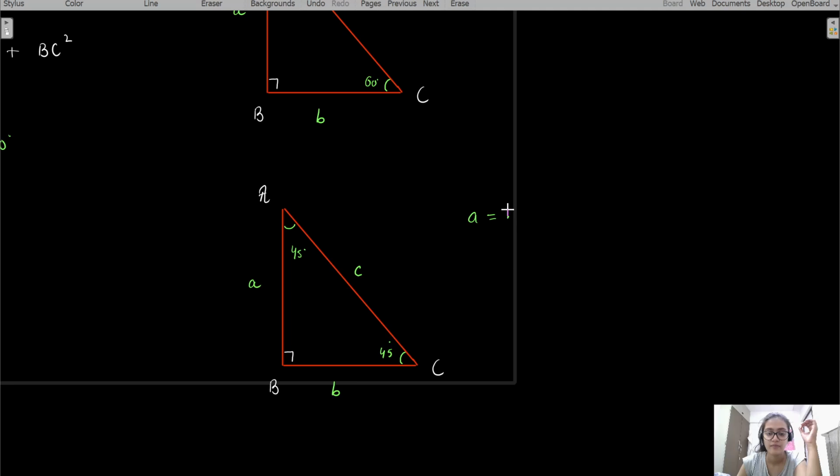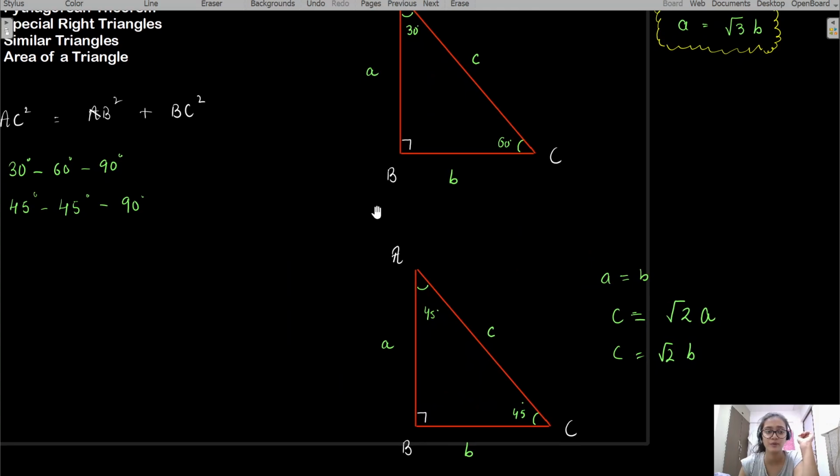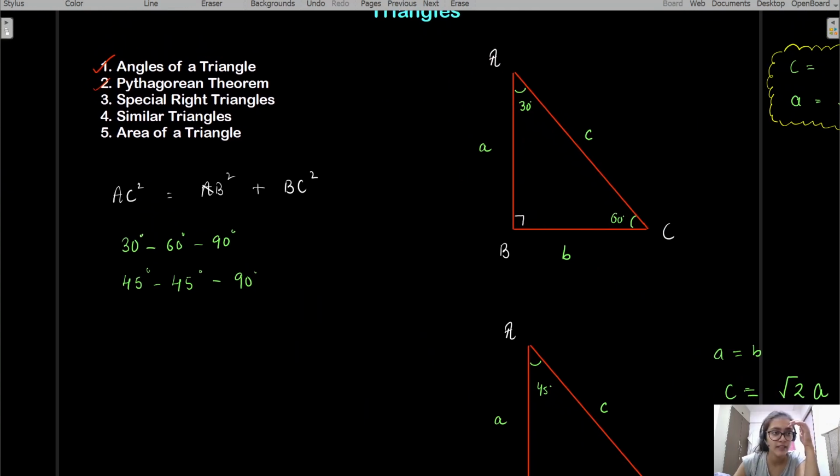A will be equal to B. In this type of triangle the hypotenuse, which is C, is equal to root 2 times as long as any of the two legs, because both legs are congruent. So this is going to be root 2 times A or root 2 times B. Let me know in the comments how we get this relationship. So this completes your third concept, special right triangles.